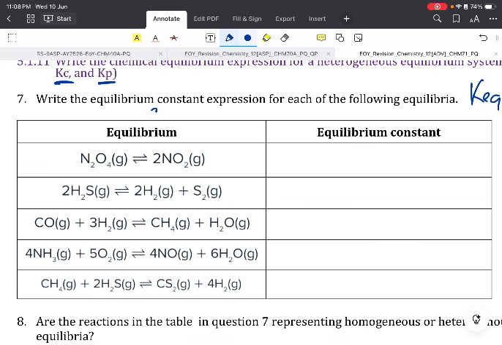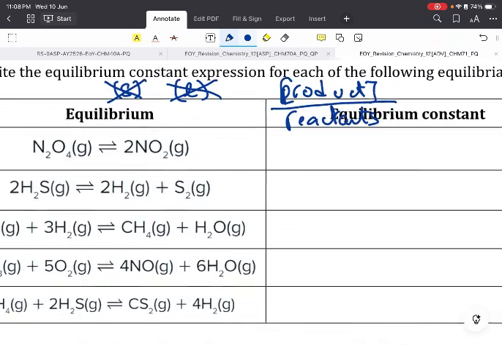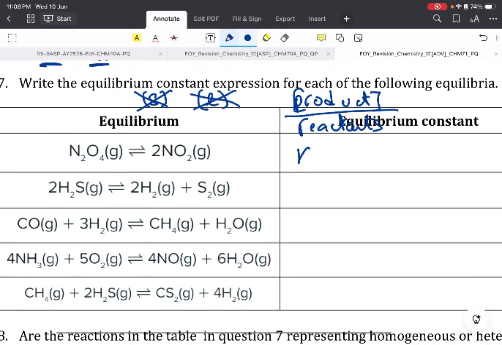Now, anything that is solid or liquid will not be included in the formula of K equilibrium. And K equilibrium, or Kc, is the concentration of products over the concentration of reactants raised to the power of their stoichiometric coefficients. So let's write the first equation.